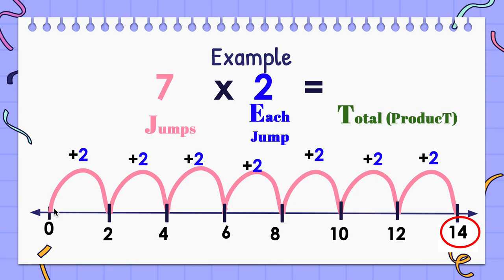So using that skip counting, we would be doing jumps of 2. We go 2, 4, 6, 8, 10, 12, 14. So our answer or the product, our total, is 14.